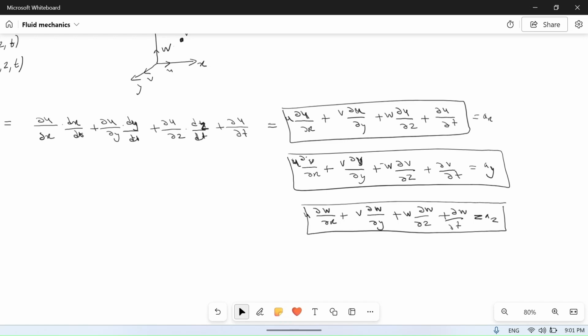And from here, if it is steady flow, then del u by del t, del v by del t, and del w by del t will become 0.